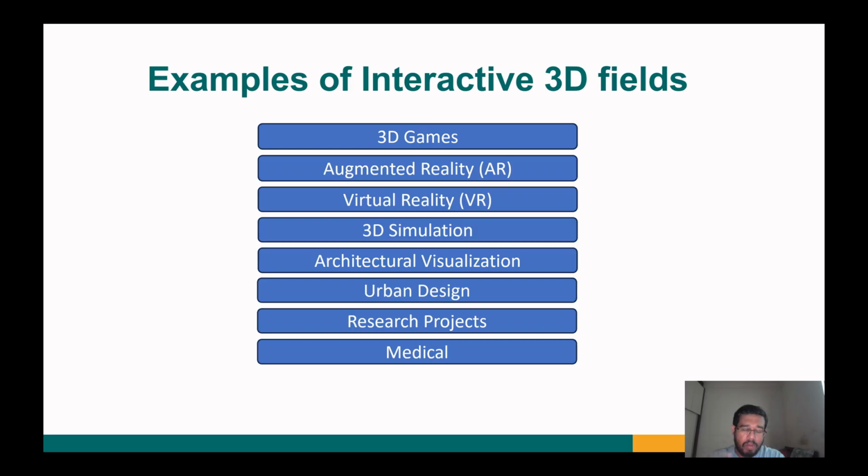Urban visualization is also getting very popular nowadays. You can visualize not only a building but also a complete city in 3D, and do everything possible in terms of the planning perspective. And there is another form, which is a research project.